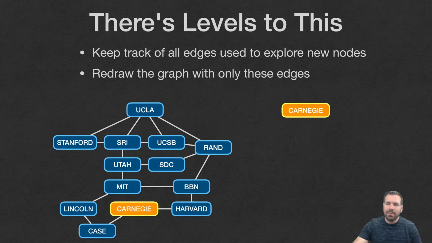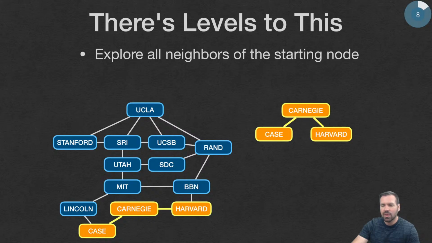And then each time I use an edge to find a new node, I'm going to visually put it lower on this second graph and then add those new nodes. So Carnegie is going to find Case and Harvard. So I'm going to put Case and Harvard lower on this graph below Carnegie and take those edges that I used to explore those nodes.